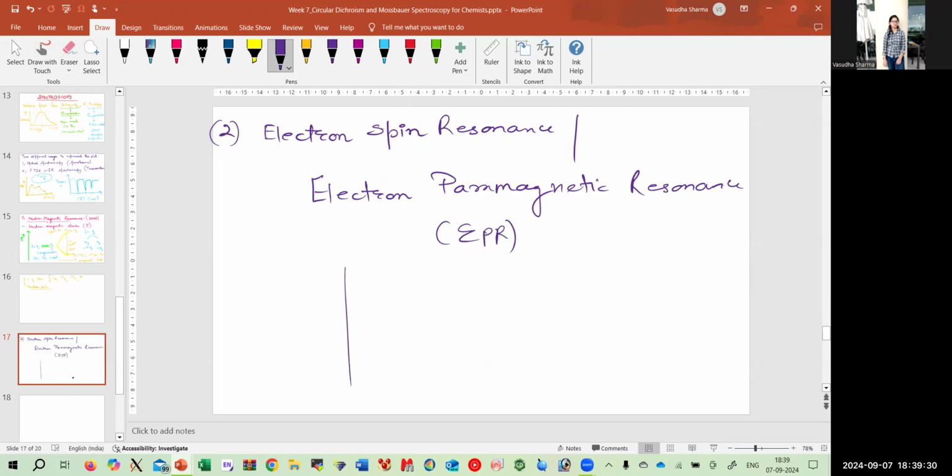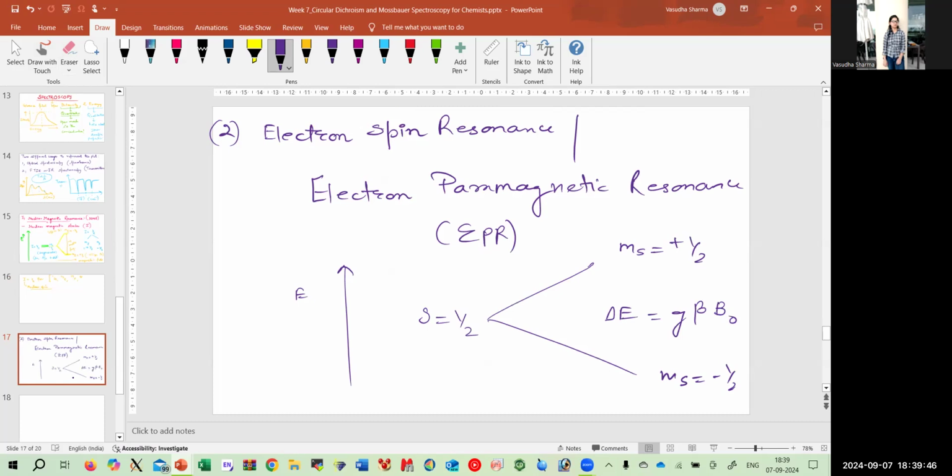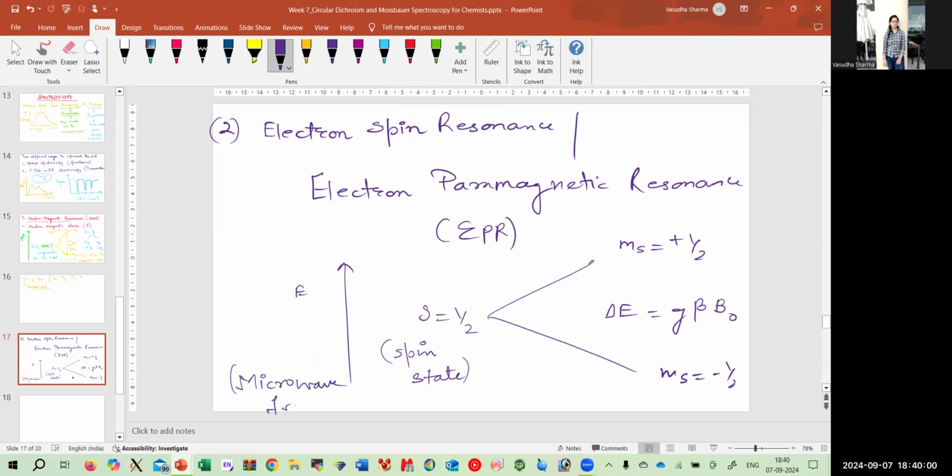If we deal with an S equals half system, which would split into ms plus half and ms minus half, then the delta E would be equal to g beta B naught, where this is your spin state, and it requires microwave frequency. This also tells everything about your system, the oxidation state.